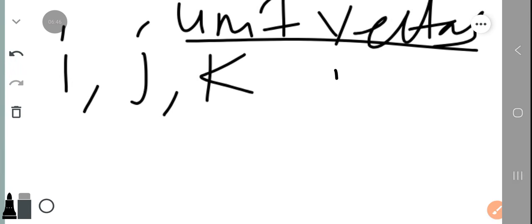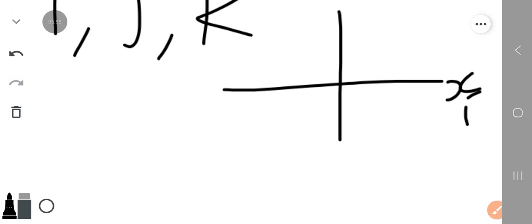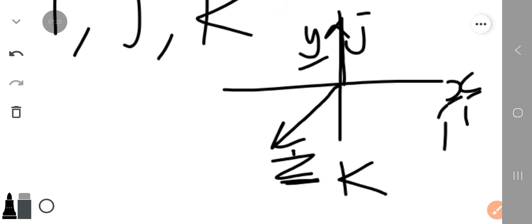That means we can have this X-Y plane where we have the X-axis. The X-axis means I, all right? Don't forget this. The Y-axis means J. We also have another axis that means Z. So we have the X-axis, Y-axis, and Z-axis. The X-axis means I units, the Y-axis means J units, and the Z-axis means K units.